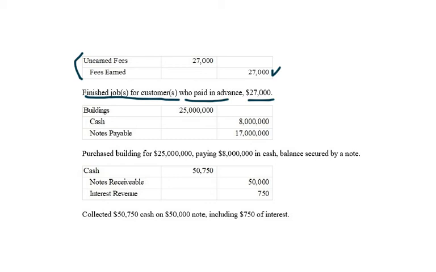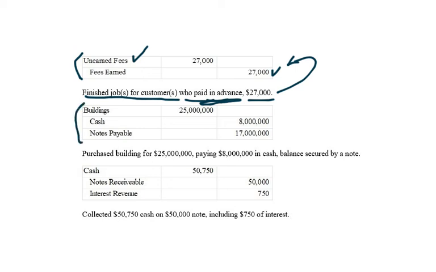There has to be something in there about having completed services for customers who paid in advance, something that tells you that you've already booked the cash. The cash is already in hand. You're just now making good on that promise to your customer. In other words, something that would lead me to believe that I need to reduce the balance in unearned fees. That's what 'paid in advance' is telling you. Those are the key components of this description, so that if I read it, this is the transaction I should book.